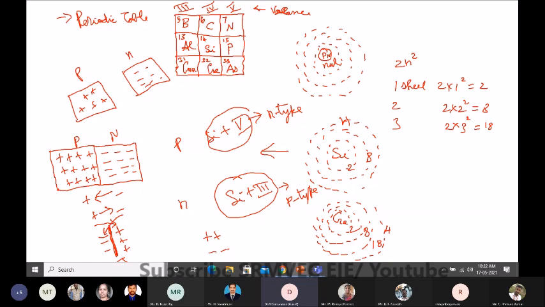Then once some electrons are inside your P type, these electrons will not allow the next coming electron inside. Why? Because electrons and electrons repel each other. So this PN diode is going to have a structure like this. This junction is there. Here some holes are available.